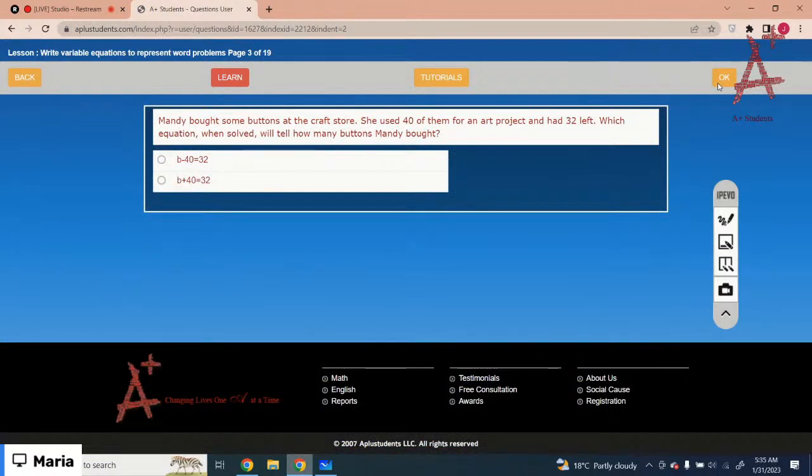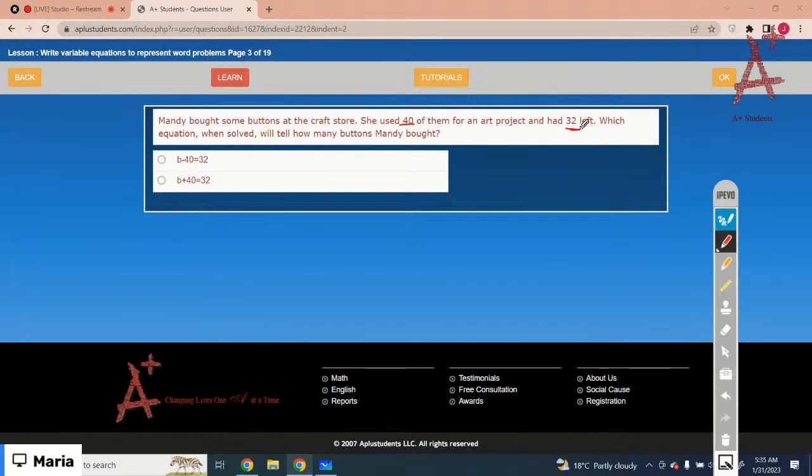Okay, Mendy bought some buttons at the craft store. You don't know how many buttons she bought. She used 40 of them for an art project and had 32 left. Which equation, when solved, will tell how many buttons Mendy bought? Let's suppose it is B. She used 40 of them, so B minus 40.